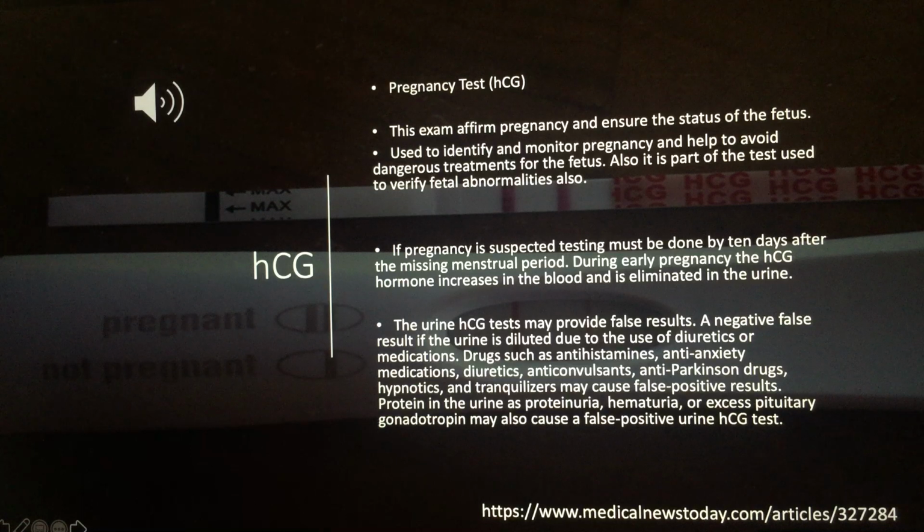The urine test of the HCG may provide false results. In some cases, there could be a false negative result if the urine is diluted too much, and the use of medication such as antihistamines and diuretics may give a false positive result as well.